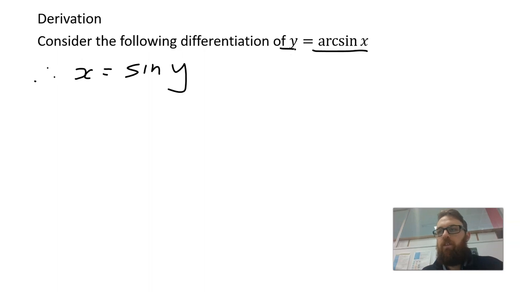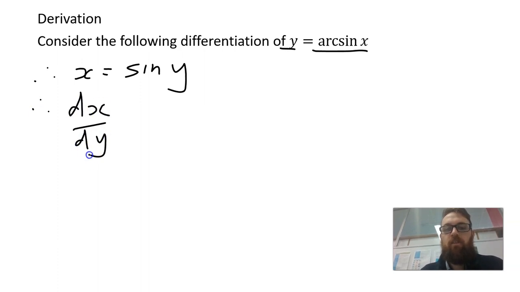All right. So if we take dx by dy, so we differentiate x with respect to y, if we differentiate sine, it turns into cosine, so cosine y.